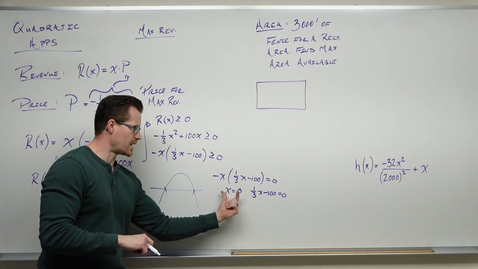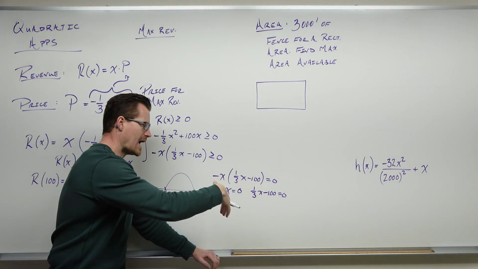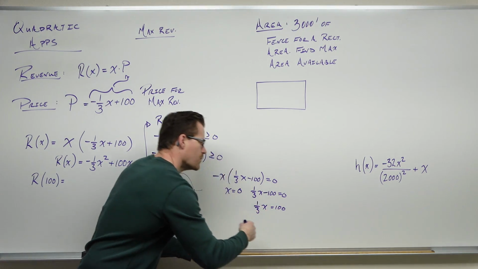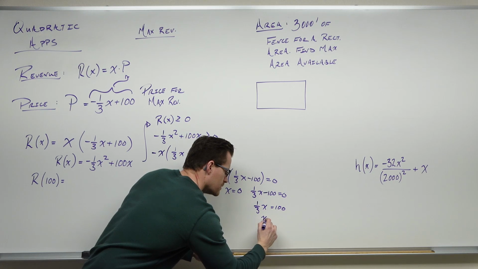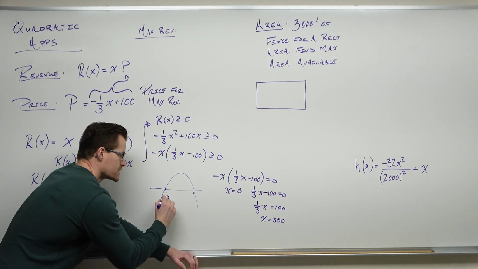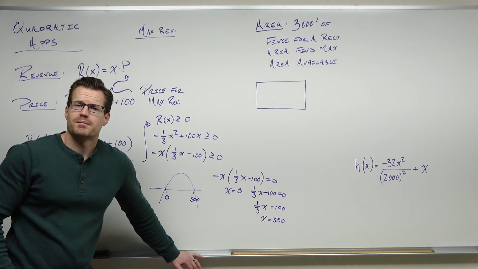Negative x is set equal to 0, or x equals 0. 1/3 x minus 100 set equal to 0. If I add 100, multiply both sides by 3. Between these two x values, 0 and 300, is where my revenue would be positive.